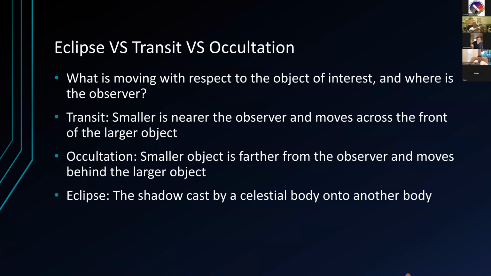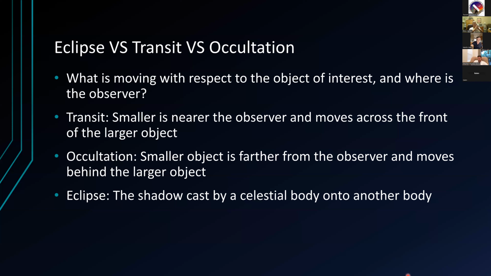A transit starts off with a smaller object that is closer to an observer, and that smaller object is moving across the face of a larger object. For example, for those that look at the Galilean moons, every time you see a Galilean moon moving across the face of Jupiter, that is a transit. An occultation is when a smaller object is farther away from the observer and moves behind a larger object.